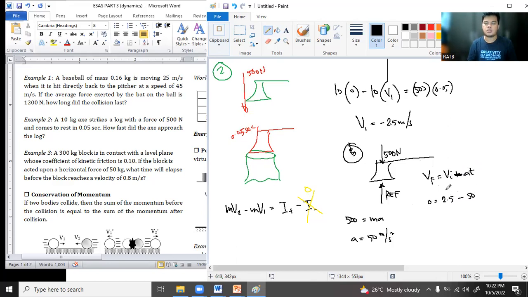Vi is supposedly unknown, the time is 0.05.